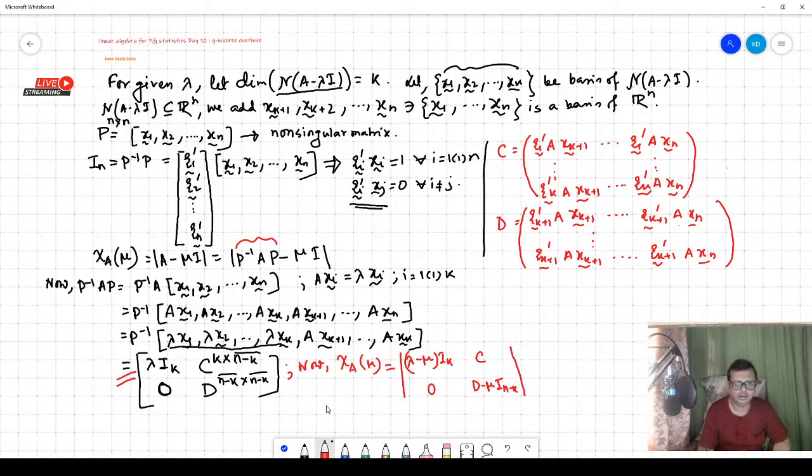This is equal to lambda minus mu whole to the power k, times det of D minus mu I_{n-k}.